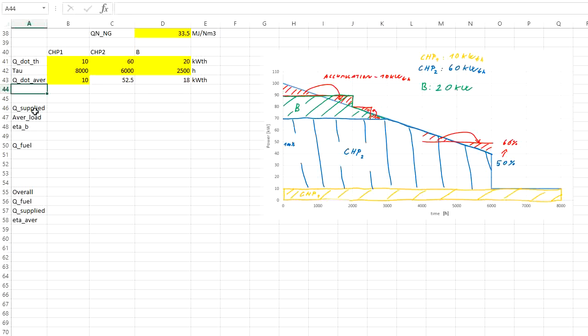In the average load we actually already had the amount of the heat supplied, but let's just check that it's valid also as the average load times the period of the operation, and let's have megawatt hours.